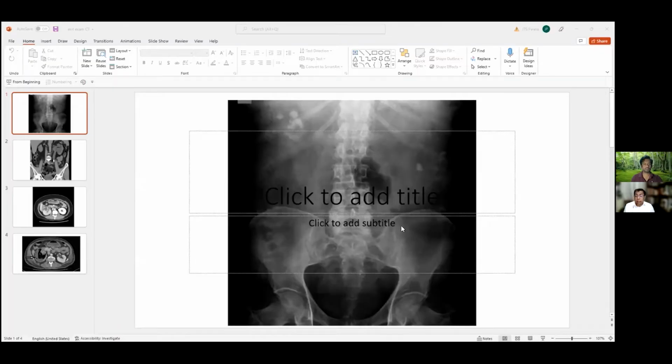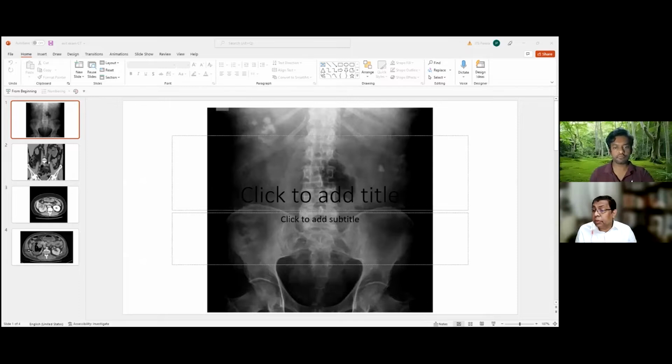The urine report reveals 10 RBCs per high-power field. The rest of the scan and clinical examination was unremarkable. Let me see whether I can show you these. Could you comment on this X-ray?